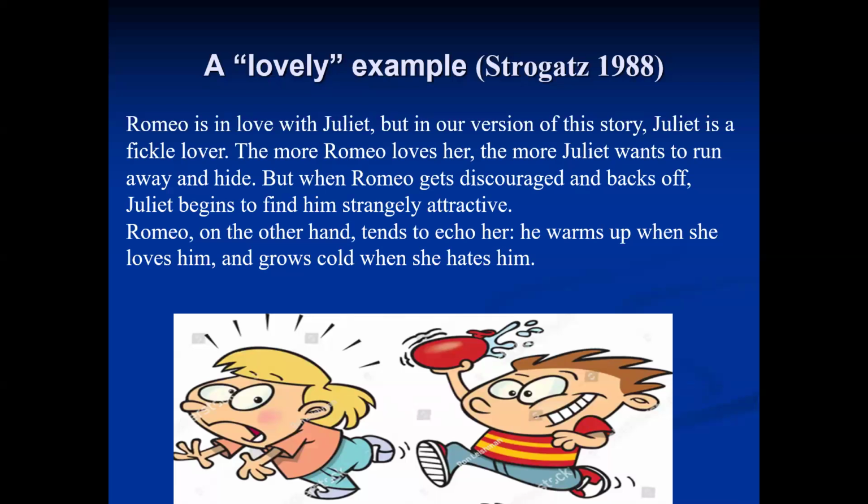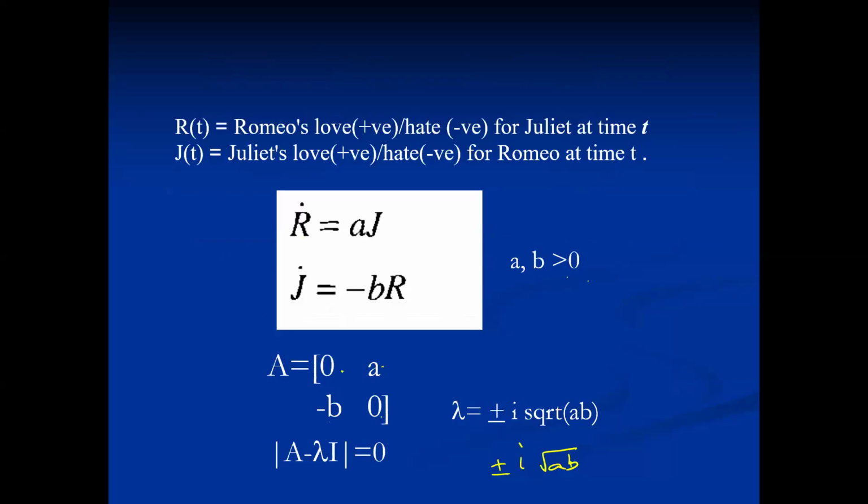They have very strange dynamics. Now, can you express this mathematically and write down the dynamical system for it? It's not very hard. Let us say the state variable for Romeo is R and the state variable for Juliet is J. Romeo is very simple. If Juliet shows interest, he gets excited. So the rate of change of R, R dot, is equal to A times J. Simple proportionality, and A is a positive number.